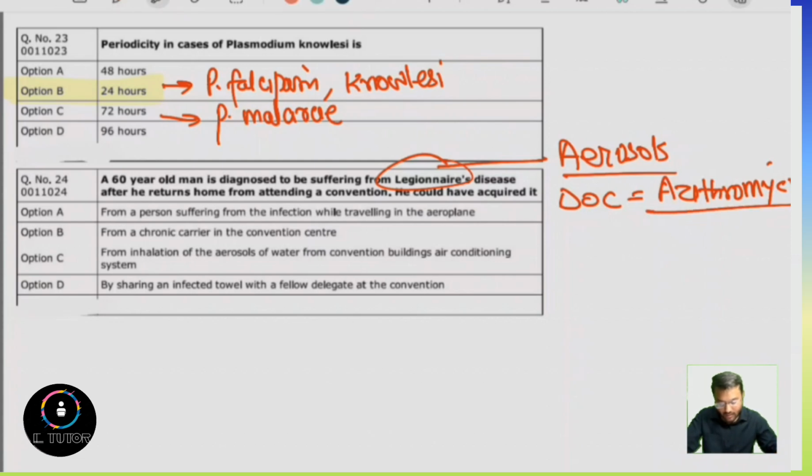Option A is from a person suffering from the infection while traveling in the aeroplane. No, this is not true. From a chronic carrier. This is also not true. From inhalation of aerosols of water from the convention building air conditioning system. So option number C will be the correct answer because Legionnaires mainly spreads through aerosols. And option number D, by sharing an infected towel with a fellow delegate at the convention, this is also not true.